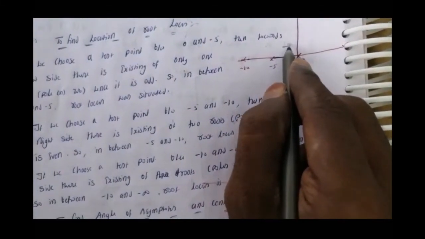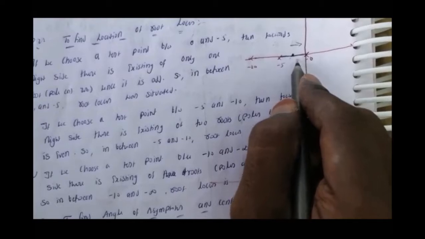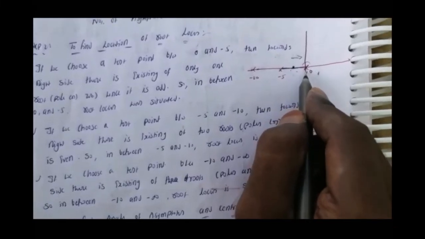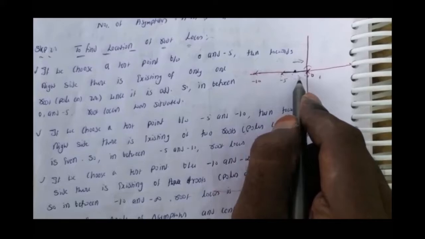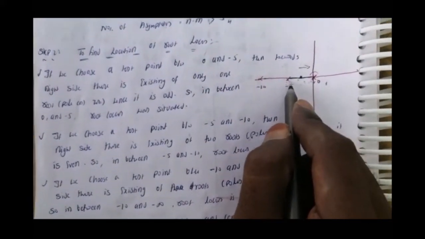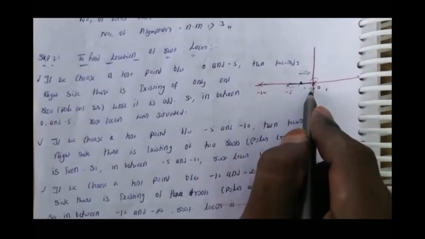When we look back towards the origin, the number of poles or zeros is 1, so it is odd. That's why between 0 and minus 5 a root locus is available. So this is the first one. Out of 3, one root locus will occur here.